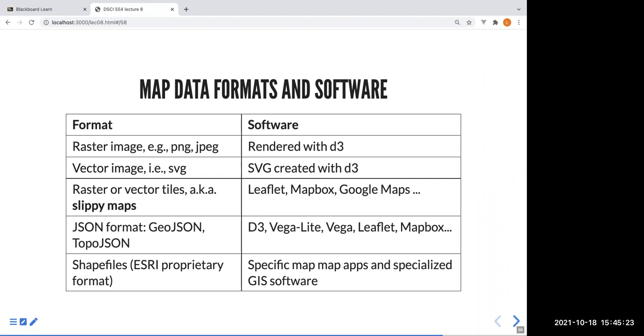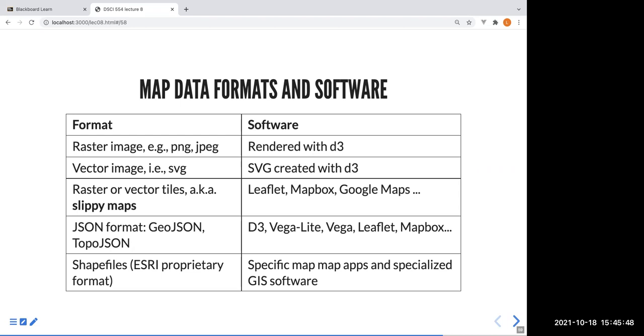Okay. So the ingestion formats are mostly the same. It's usually JSON that is specific for maps, because you need to encode latitude, longitude, and you need to encode the perimeter of the objects that you want to track. And so this allows you to do it.